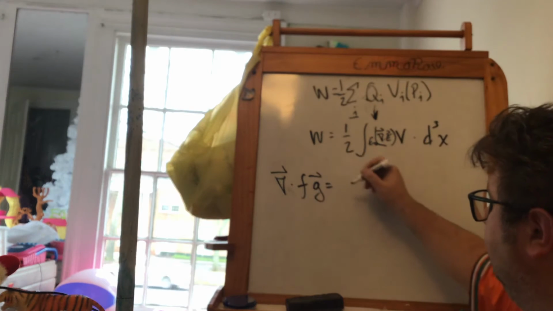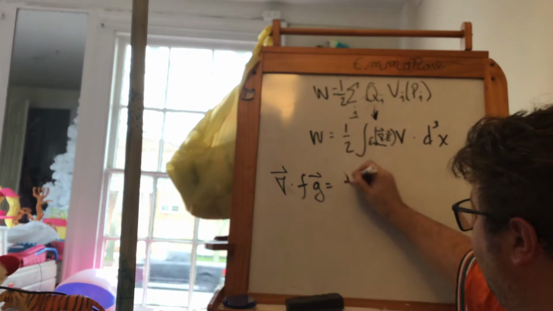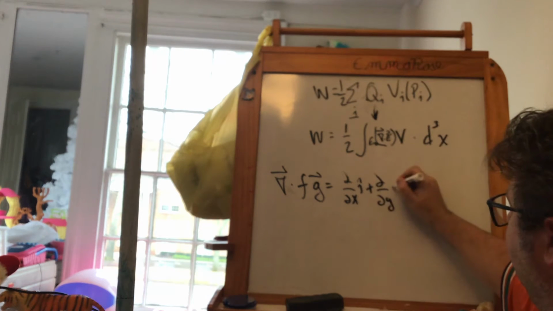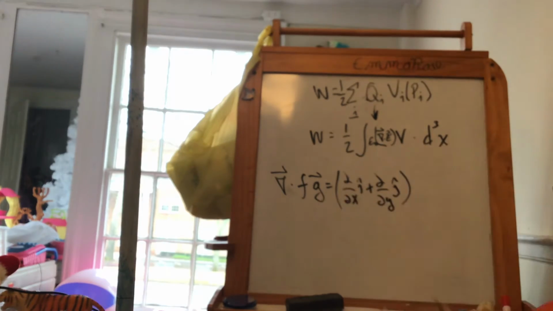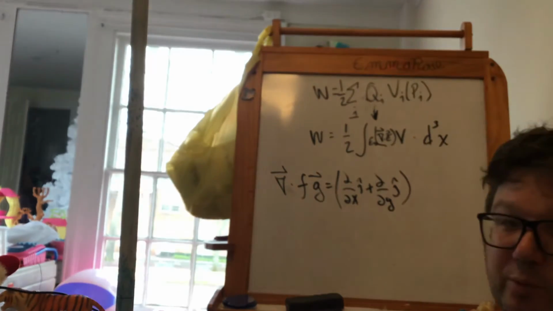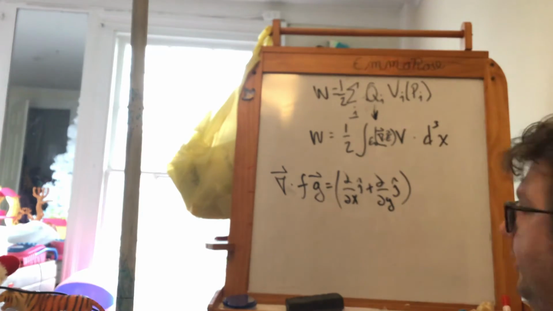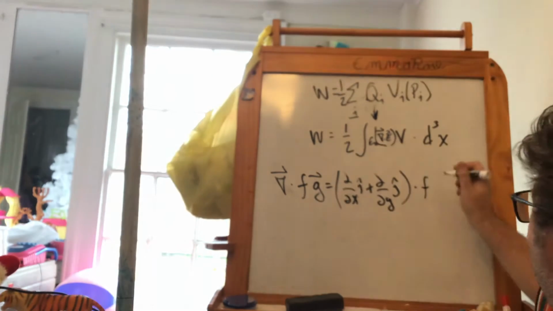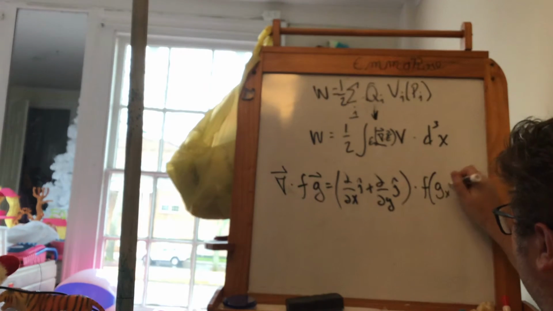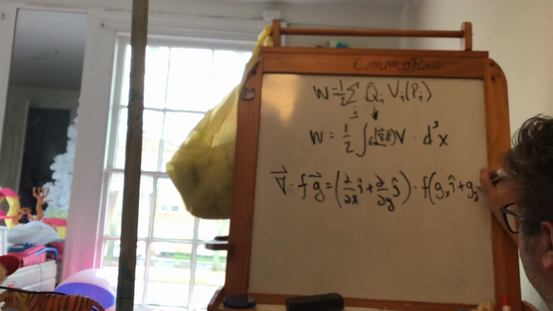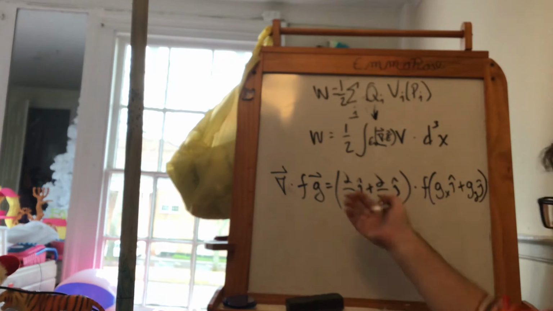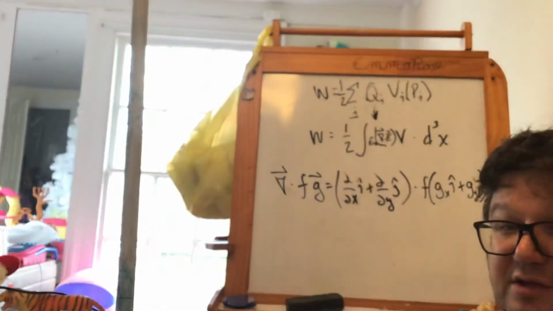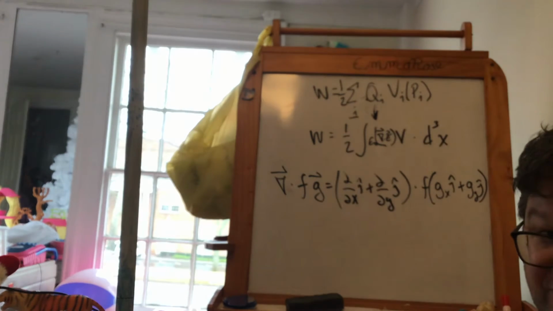So when I take this, remember that del is just the partial of x in the i hat direction plus the partial of y in the j hat direction, and so on. Dot f, which is some function of x and y, and g, which is going to be g_x i hat plus g_y j hat. So when I do the dot product, I'm only going to care about getting the i hat terms and the j hat terms, of course.